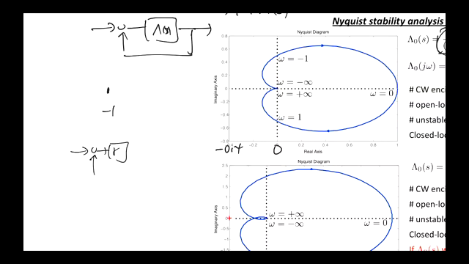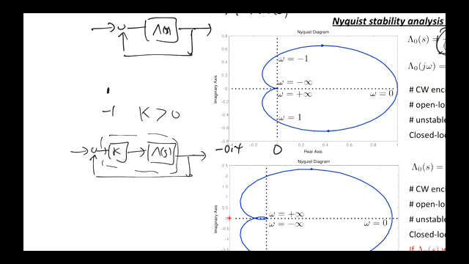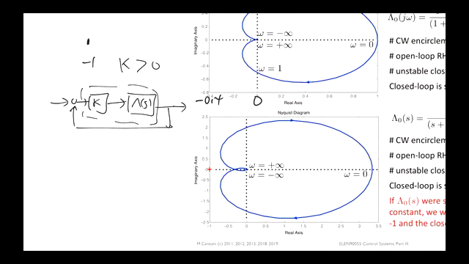We'll put a constant gain here when closing the loop. What's that going to do to the Nyquist plot if we assume, say, that k is a positive number? Well, it's not going to change the phase of this, but it's going to change the magnitude.